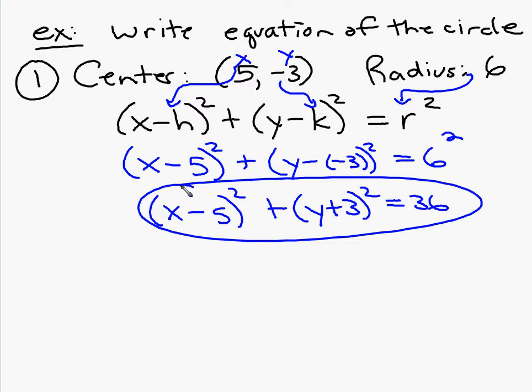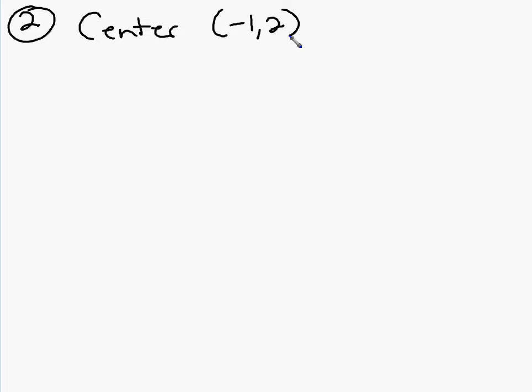Now, of course, that one's easy. But sometimes they're going to get a little bit tricky and give you some different information. What if they said the center of the circle was (-1, 2), and then instead of giving you a radius, they say a solution point is (3, 4)?